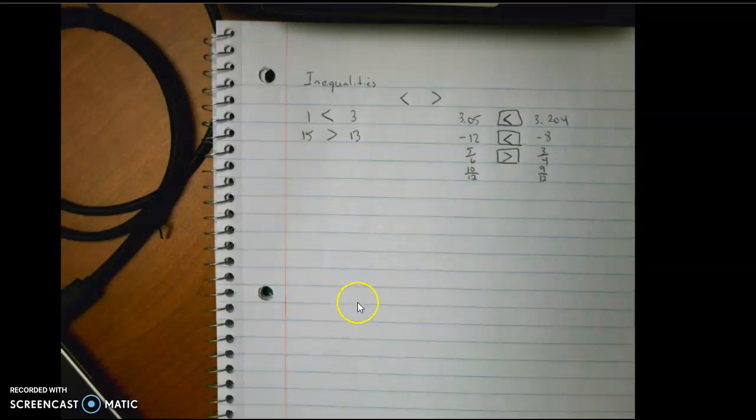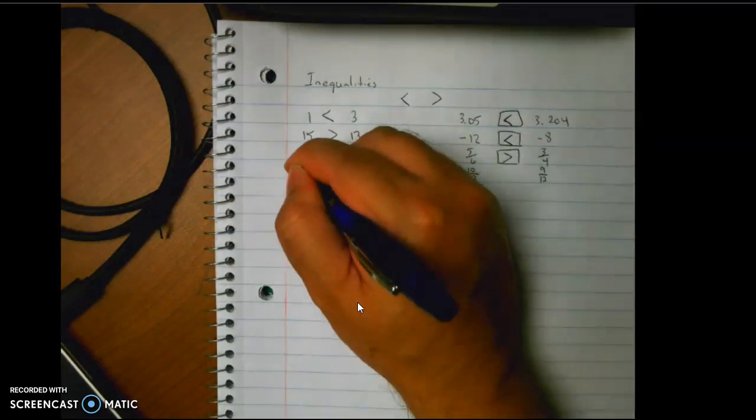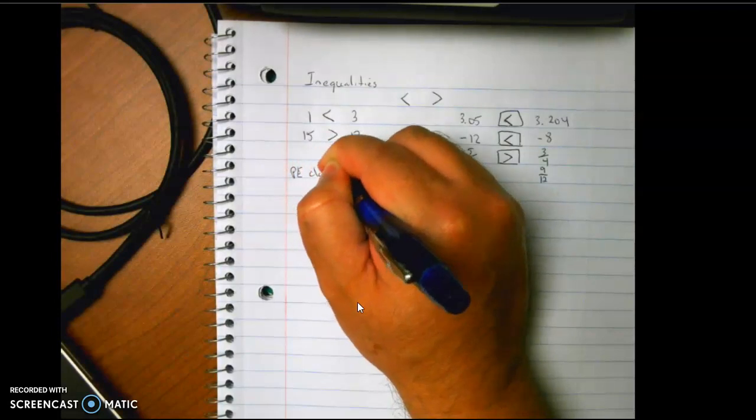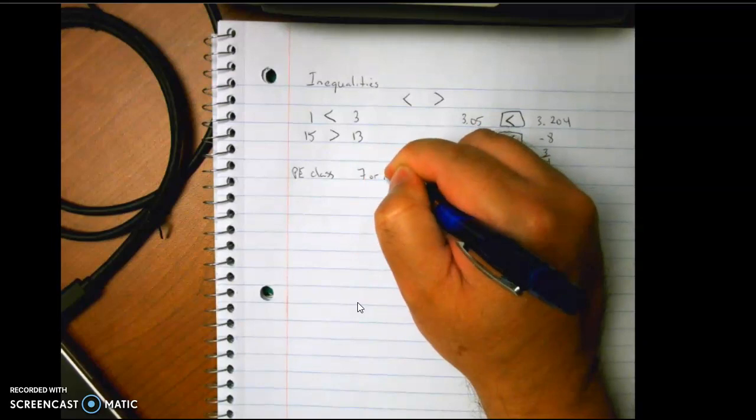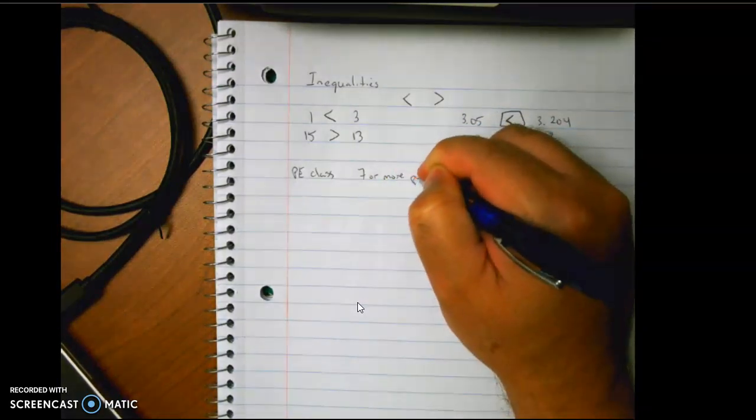So now that we've looked at that, let's think about the idea of push-ups. And we're going to say that the PE class, everyone in there could do 7 or more push-ups.